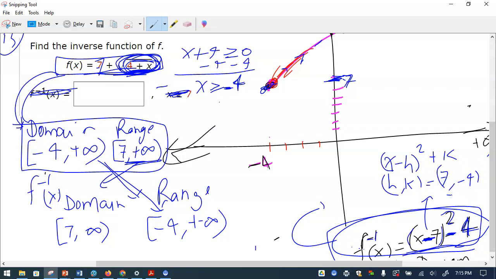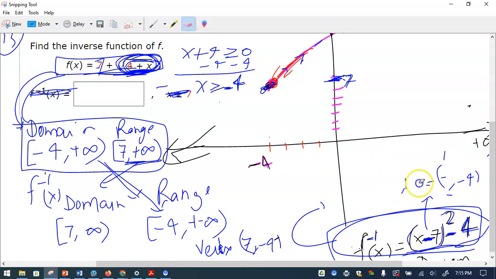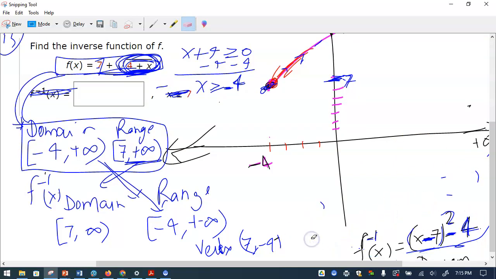I don't have enough room, so I would just write here vertex is (7, negative 4). That means I have to start the graphing from 7 and negative 4, so 1, 2, 3, 4, 5, 6, 7, and 1, 2, 3, and 4.